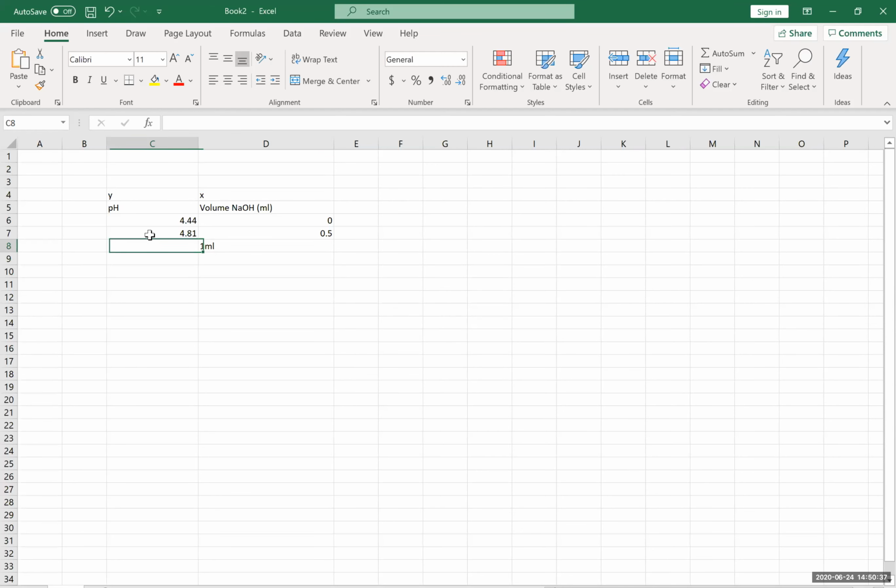After 1 milliliter, our pH was 4.86. After 1.5, it was 5.27. After 2, it was 5.28. So we're just entering the data we collected in the lab recording.